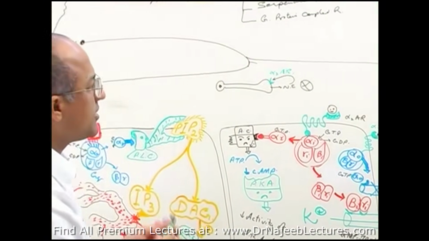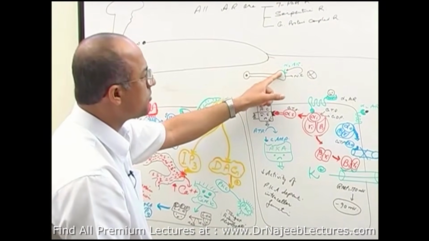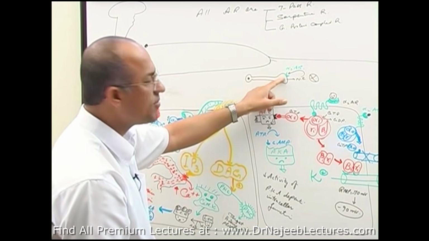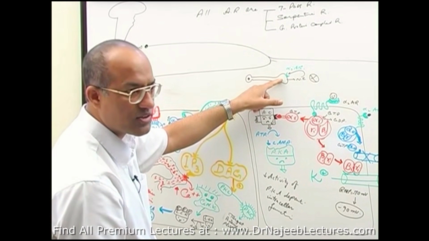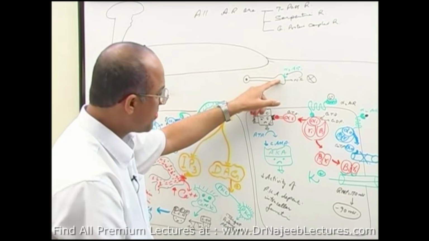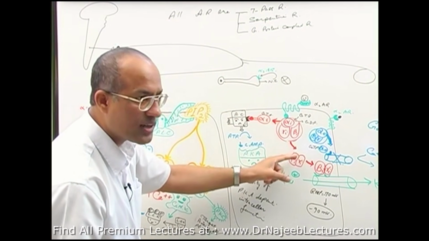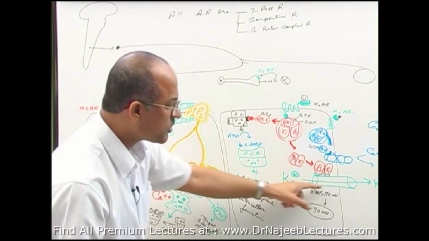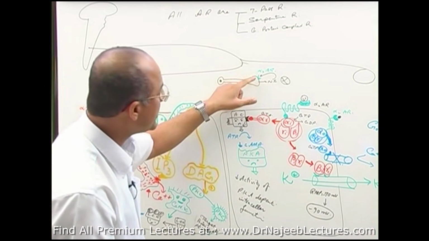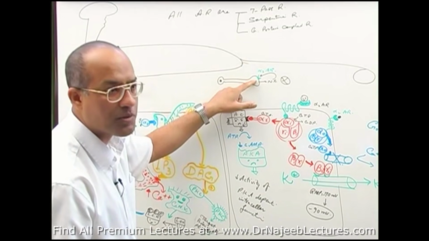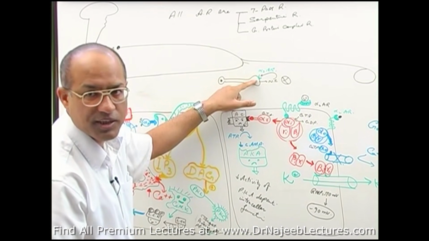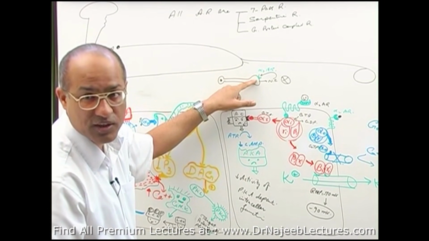And I mentioned that when norepinephrine acts on presynaptic membrane, it inhibits the nerve ending functions. How does it inhibit? Number one, when G inhibitory is stimulated, it activates the potassium channels. And when this nerve ending loses the potassium, it will become hyperpolarized, very negative. So it will be difficult to stimulate this nerve ending.